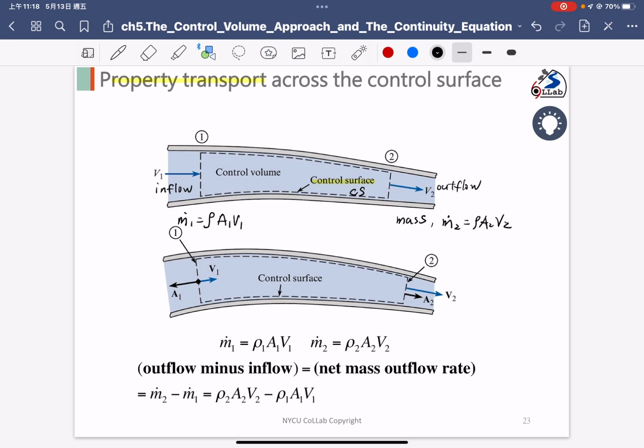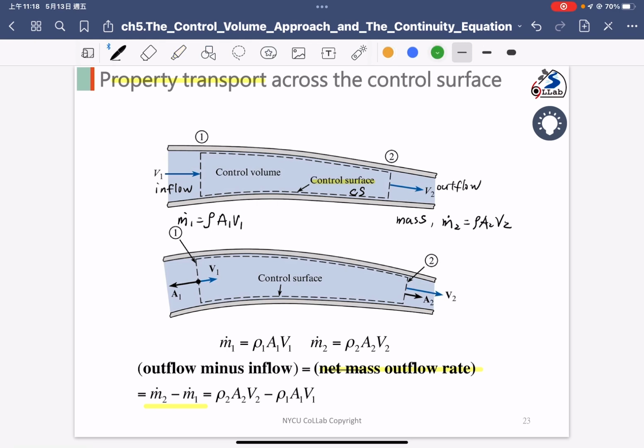Then I conclude that the net mass outflow rate is the outflow minus the inflow. So you can rewrite the equation as rho 2 A2 V2 minus rho 1 A1 V1.